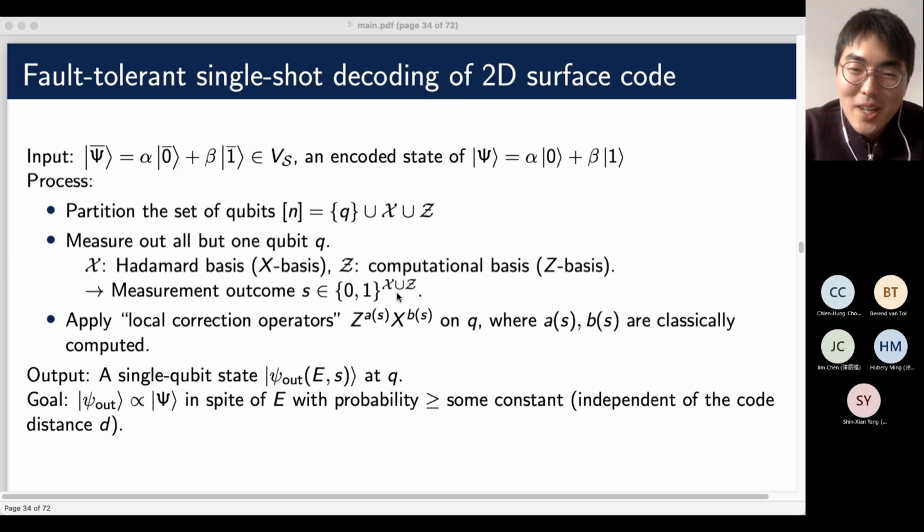And according to the measurement outcome, we apply some local correction operator, Z to the A of S and X to the B of S on Q, where A and B are classically computed. And there must be some output state on Q, which is a single qubit state, and we expect that this output state would be the original state psi.